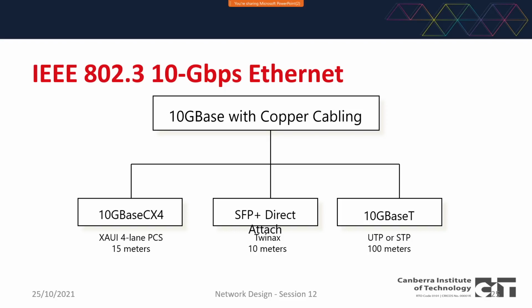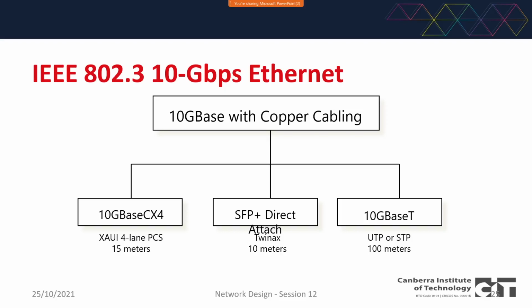We also have 10 gigabit per second Ethernet, which is a pretty awesome standard for providing high-speed Ethernet connections. So we do have the 10G base copper, the 10G base CX4, the SFP+ Direct, and the 10G base T. With the 10G base CX4, we have 10 gigabit per second at an awful cost of range, only 15 meters.